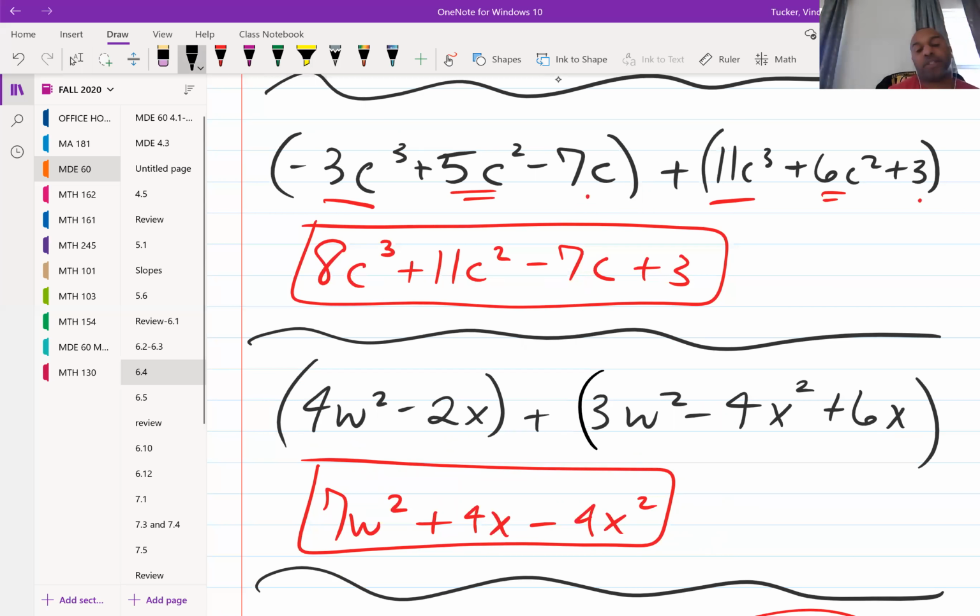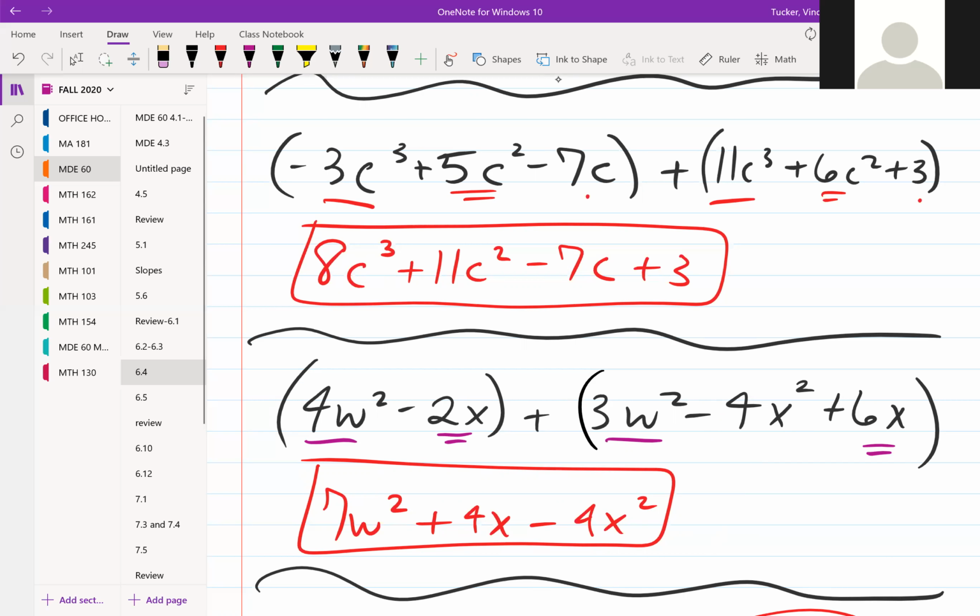So when we start talking about like terms, you have 4w squared and 3w squared. That gives you 7w squared. Then you have negative 2x and positive 6x, which will give you 4x. And then we have negative 4x squared, which we couldn't add to anything. You just bring that down.